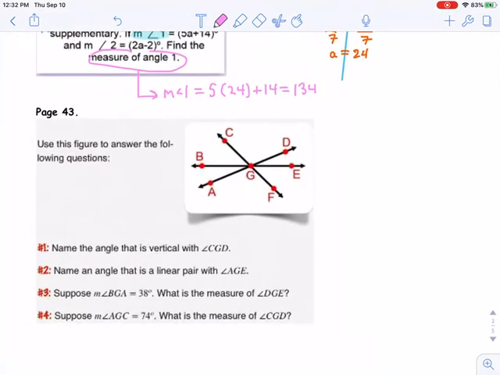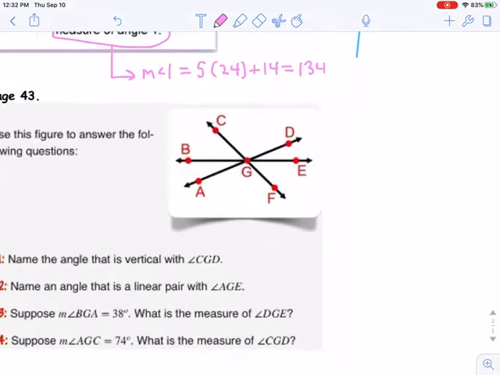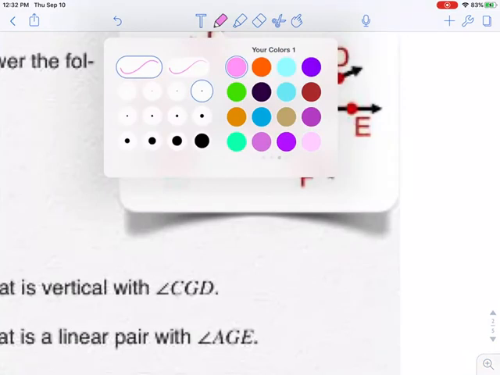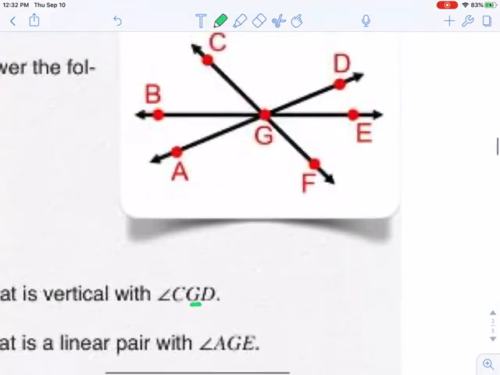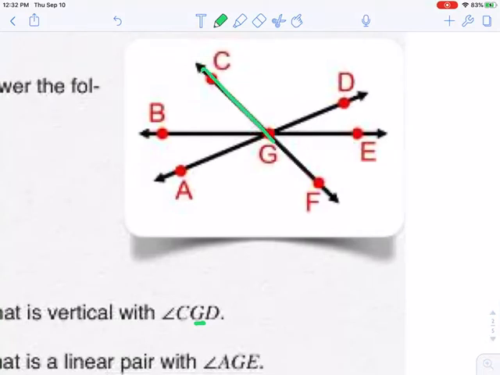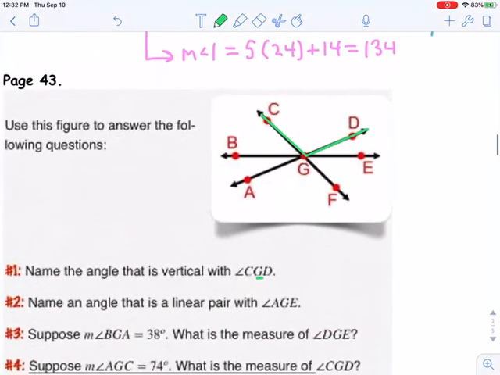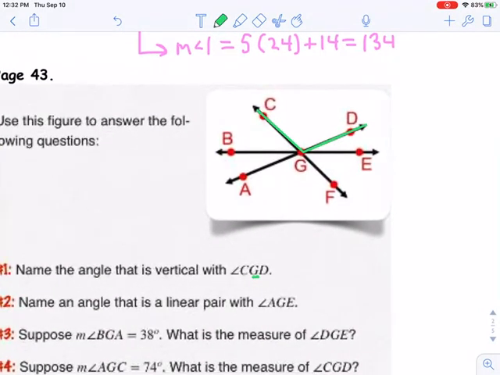Now we've got a couple logic questions or identifying questions, whatever you want to call it. So first off, what is the angle that is vertical with CGD? So remember, this tells the story. It tells you the path. G is the vertex. So that means I start at C, go to G, end at D. Which angle is vertical with that angle?